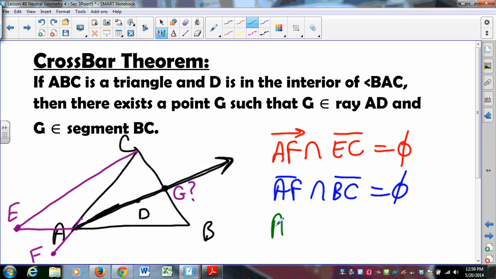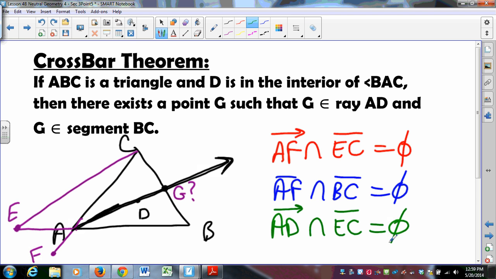And we have to show that ray AD doesn't hit segment EC. If we can prove those three things, then we will prove that AD has to hit BC, and that's the way it goes.